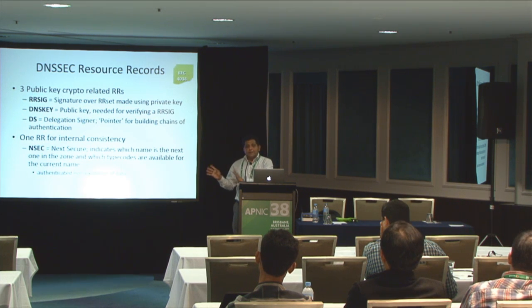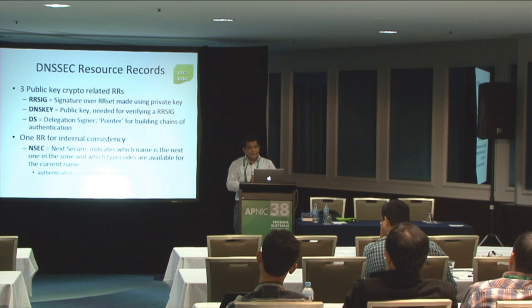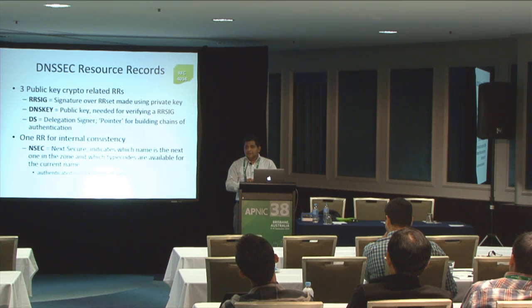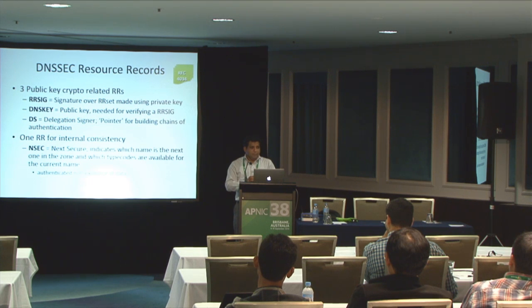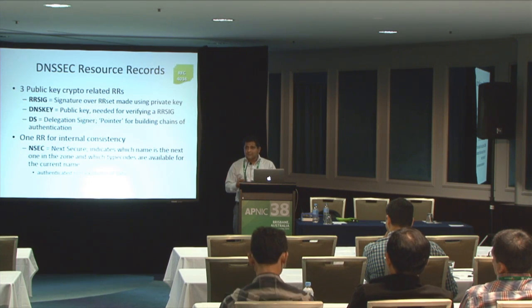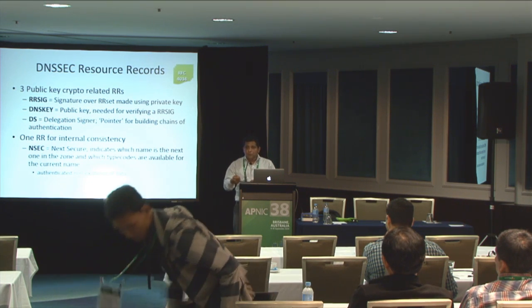Also, we have another resource record called NSEC, or Next Secure. Now this is there to maintain the integrity of your zone, as well as to confirm that some records are non-existent. That is also something we have to prove. If there is no record existent in our zone, we also have to prove that, right?